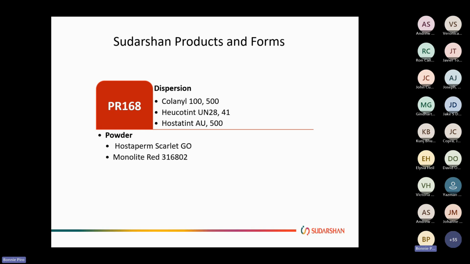In this example, Red 168 shows up in a number of liquid forms in the Colanyl, Hostatint, and Hoikotit lines of liquid colorants, as well as a couple of powder forms. Pigment Red 168 is a legacy Heubach chemistry that comes to the new Sudarshan portfolio.